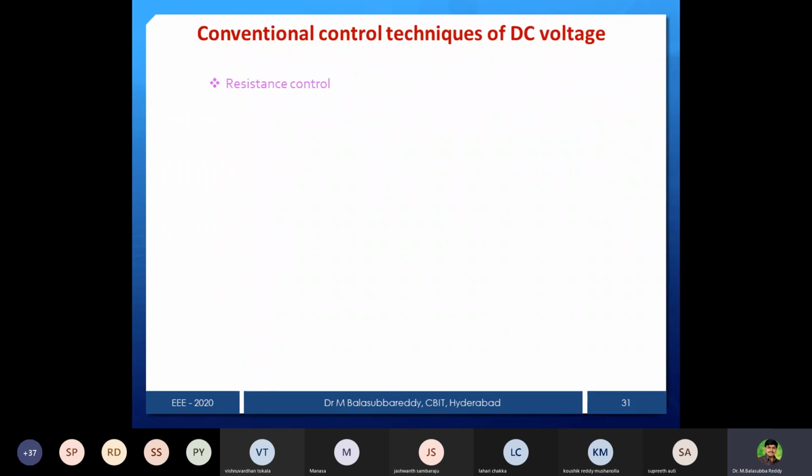Now conventionally, you can see how a variable DC voltage is obtained. There is a DC voltage input, and I want the output also as DC. How will you get the variable DC?